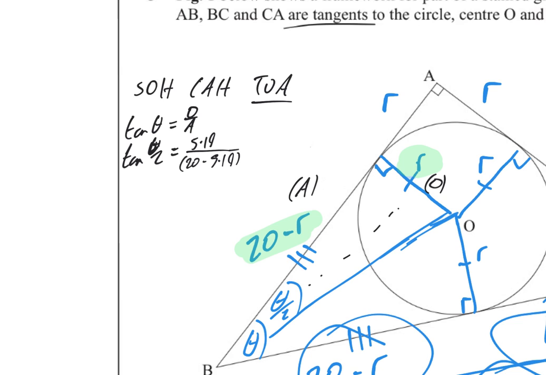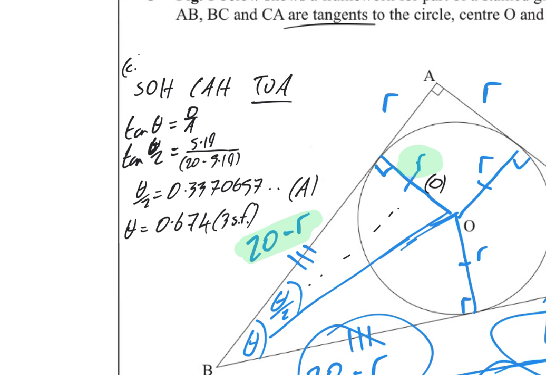And we get theta over 2 is equal to 0.3370657, which means your theta is 2 times that. So 2 times that is 0.674 to 3 sig figs. So that was your answer to part C of that question.